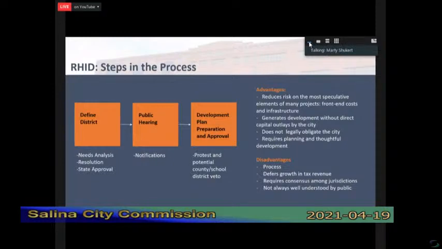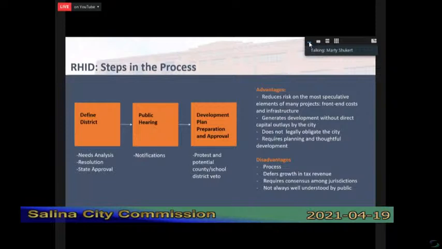There's a process that has to be gone through to form an RHID. And I won't go into this in great detail, but it's really kind of a three-step process. First, the district has to be defined by the city. That involves doing a needs analysis, a resolution that creates the district, and then state approval through the Department of Commerce of that district.